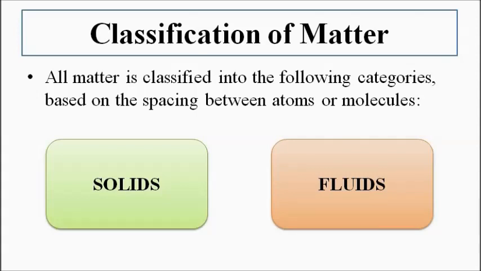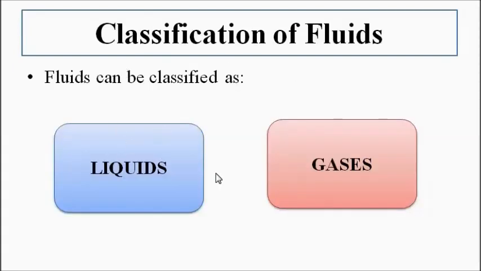But in fluids, liquids and gases, this spacing is relatively more, actually very large. In gases it is very high, in liquids it is relatively high as compared to solids. So the fluids we can classify as liquids and gases.